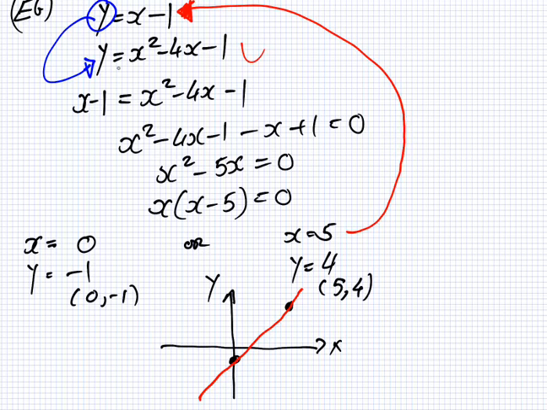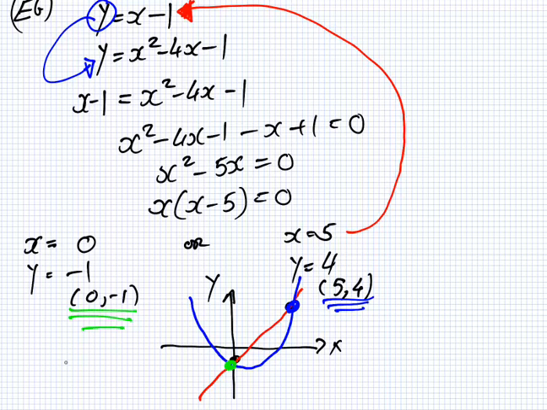So here y is x minus 1. And here y is x minus 1. So the answers are here 0, minus 1, and 5, 4.